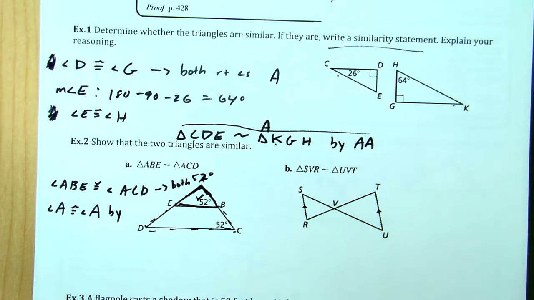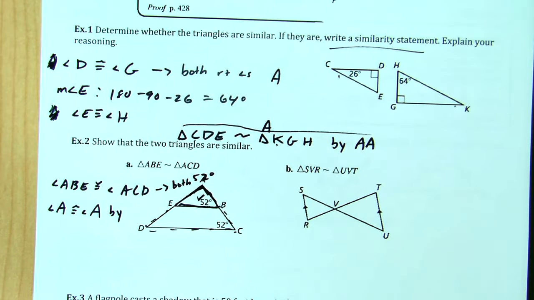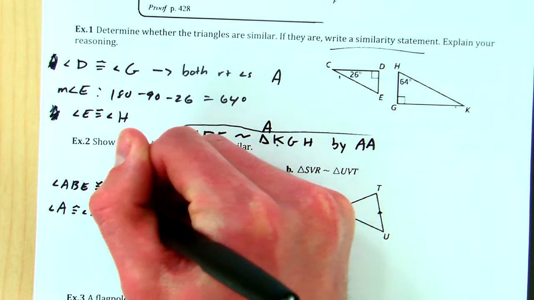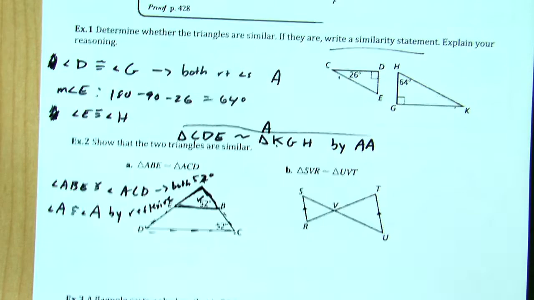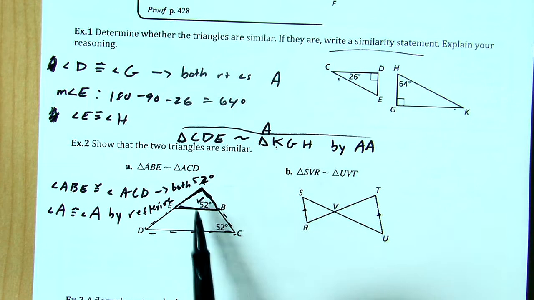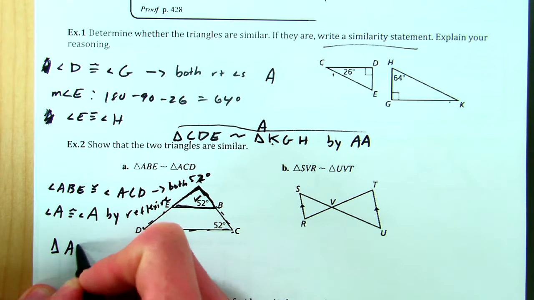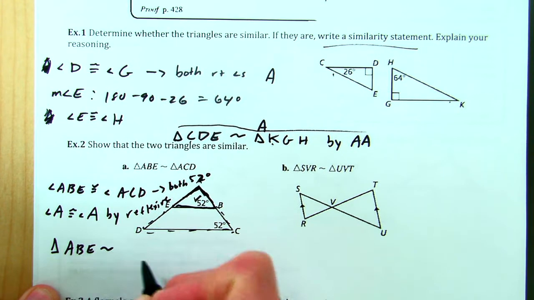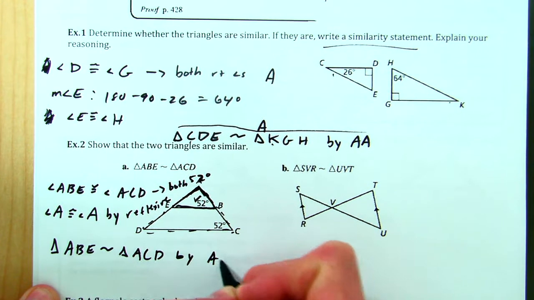And there is a property that we talked about first semester when something equals itself. Does anybody remember? Reflexive. You're right. Good job, person in the back. It's reflexive property. So since these are both 52, angle A equals itself by reflexive, now we can conclude that triangle ABE is in fact similar to triangle ACD by angle-angle.